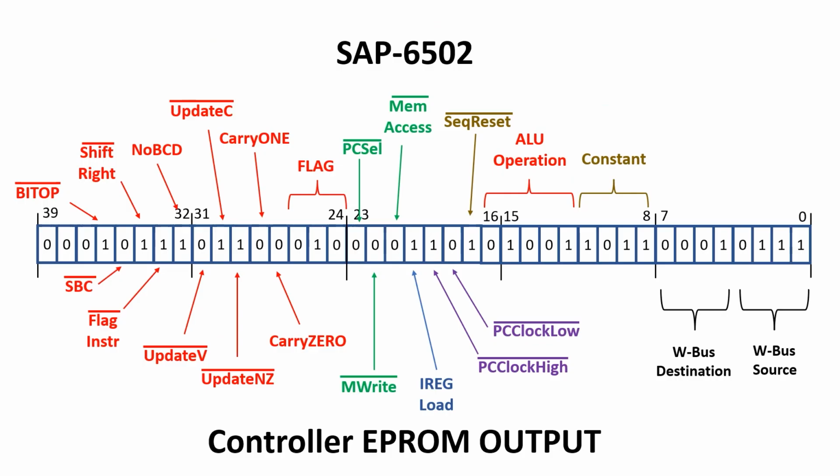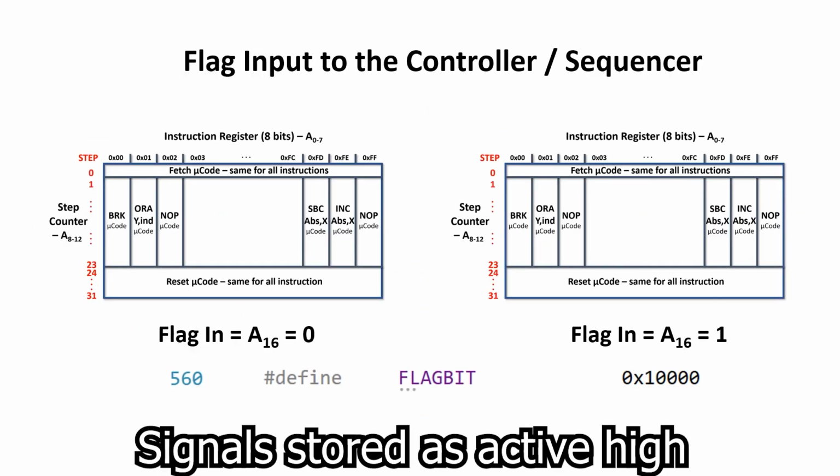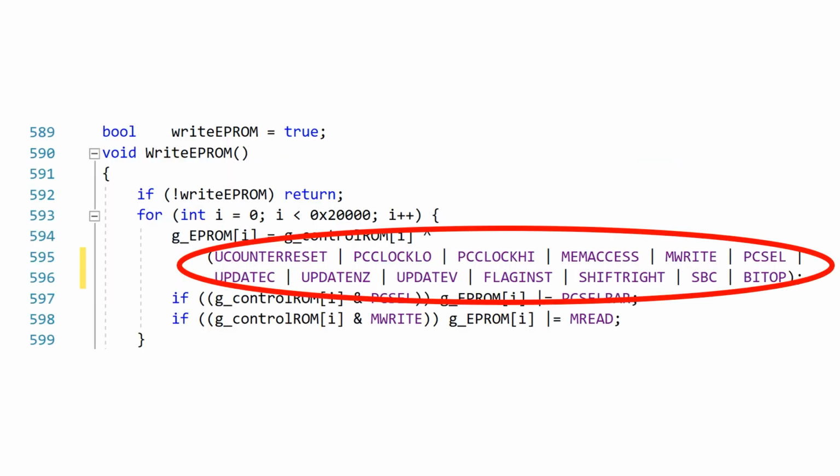In the SAP6502, most of the output signals are active low. I store them internally as active high, and the emulator treats them as being active high because that's the easiest way to think about them. I invert them in software before I write them out to the EEPROM. Much easier for me, but it might confuse you a little.